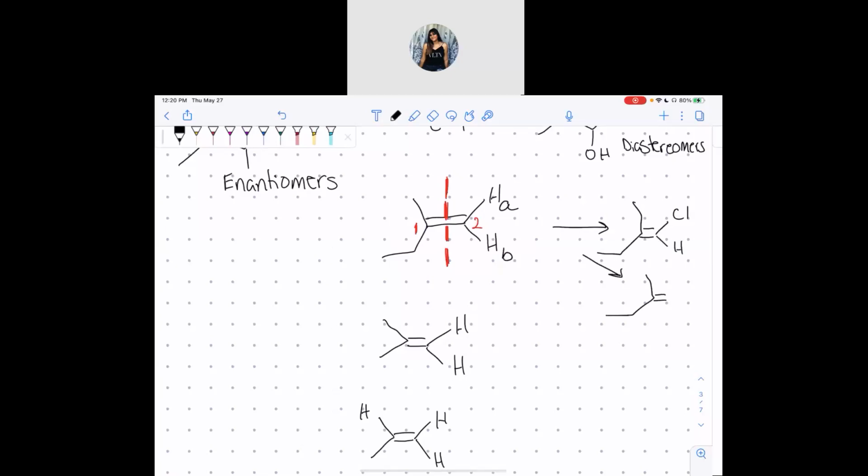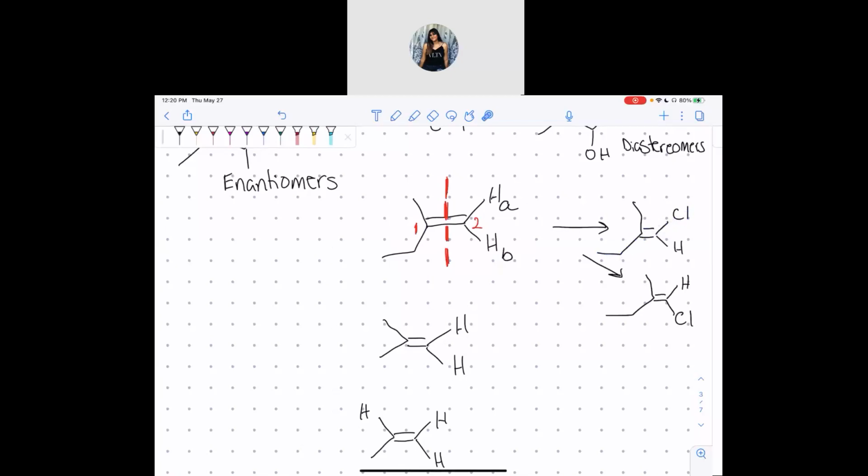depending on which side we substitute, we're going to get what? Not enantiomers, not RS. Yes, diastereomers, but there's a better word. Yes, we get EZ or cis trans. So in this case, Cl is going towards the smaller side. So is it going to be E or Z?